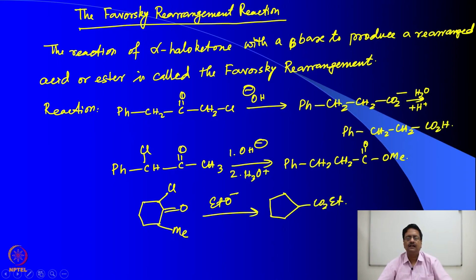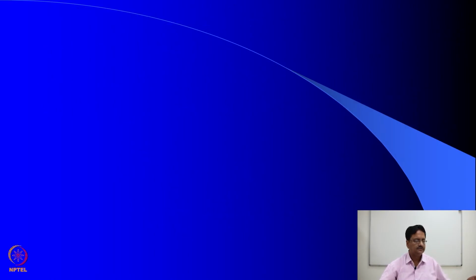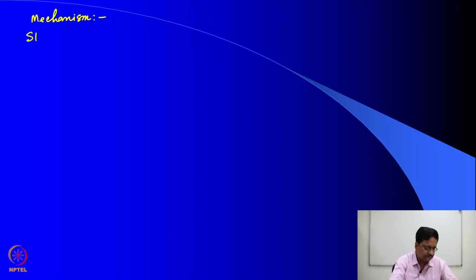All these are happening through a particular rearrangement reaction following a mechanism which we need to learn now. The mechanism of the Favorsky reaction involves 4 steps. Step 1 is abstraction of alpha hydrogen.